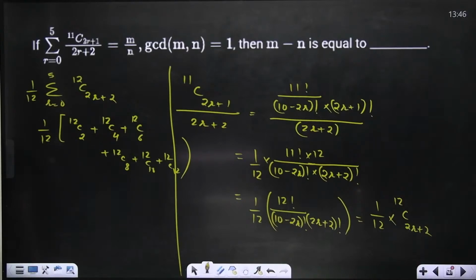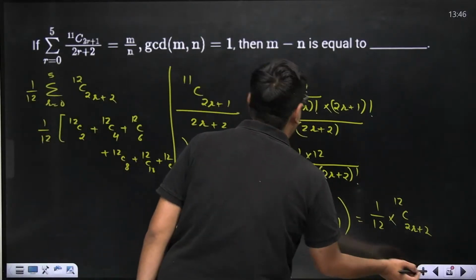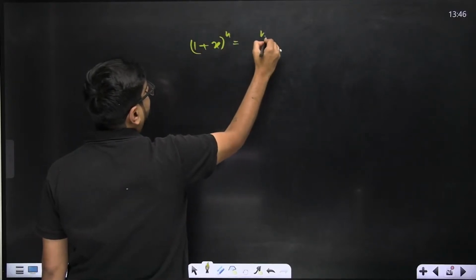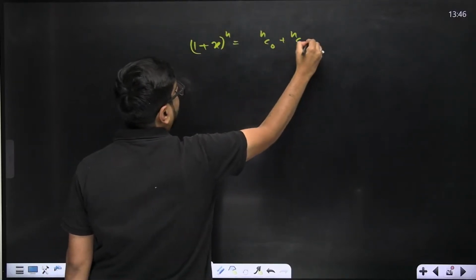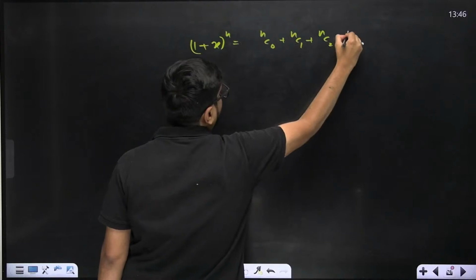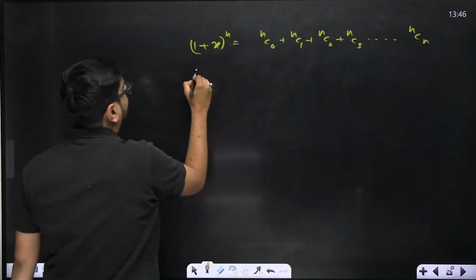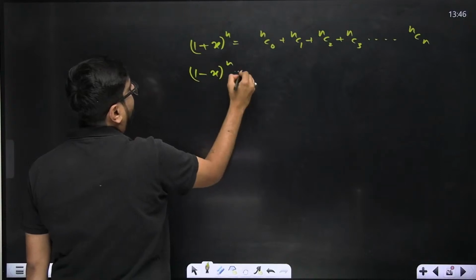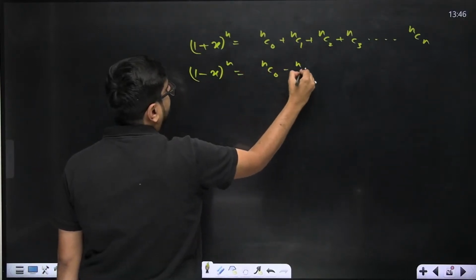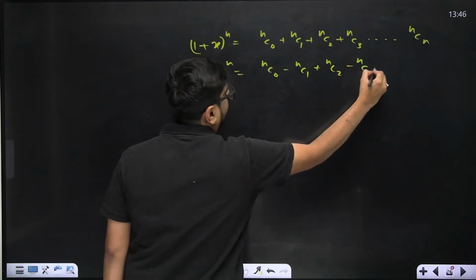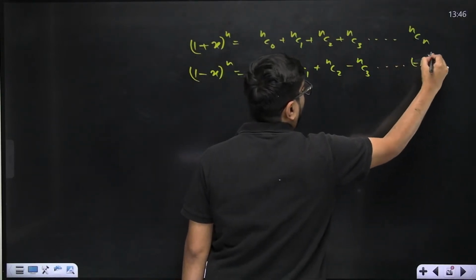Correct? Now, if you remember the derivation of these: (1 plus x) to the power n, which is nC0 plus nC1 plus nC2 plus nC3, and it keeps going on till nCn, and then (1 minus x) to the power n will become nC0 minus nC1 plus nC2 minus nC3, and so on, up to (minus 1) to the power n nCn.